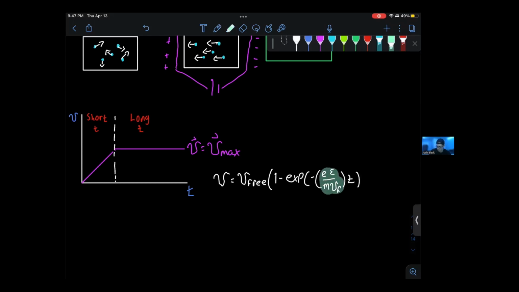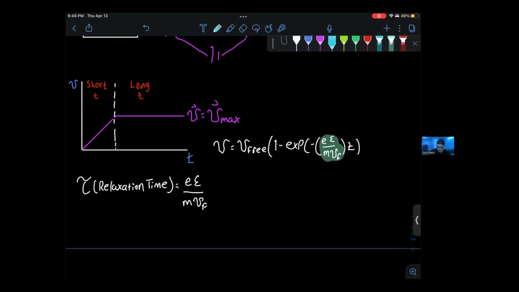This thing here is what we call tau, our relaxation time. Our relaxation time is equal to electron charge times electric field divided by mass times free electron velocity.